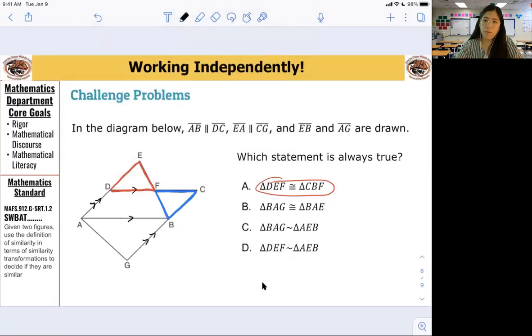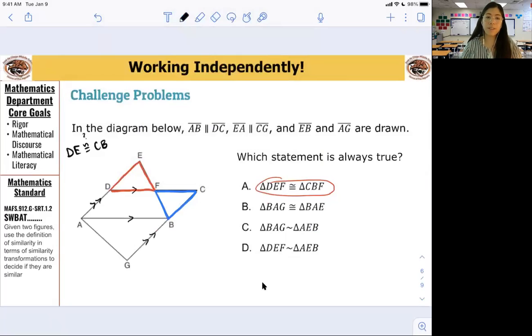Tyrone is saying DE versus CB. Are those congruent? Is there any way to know that? We do not know that. They look congruent, they look great, but we just don't know. We can't prove it in any way.